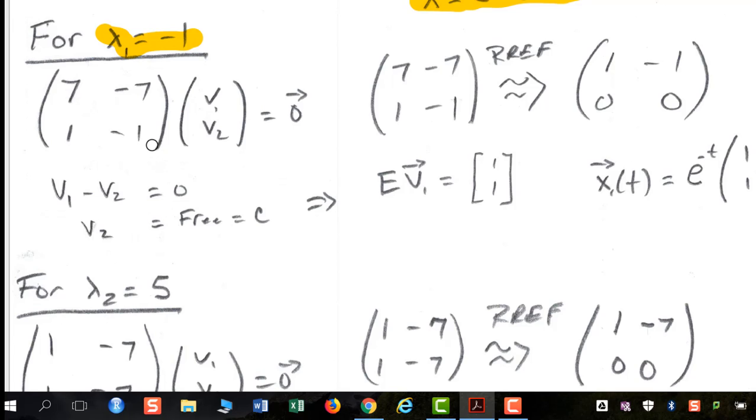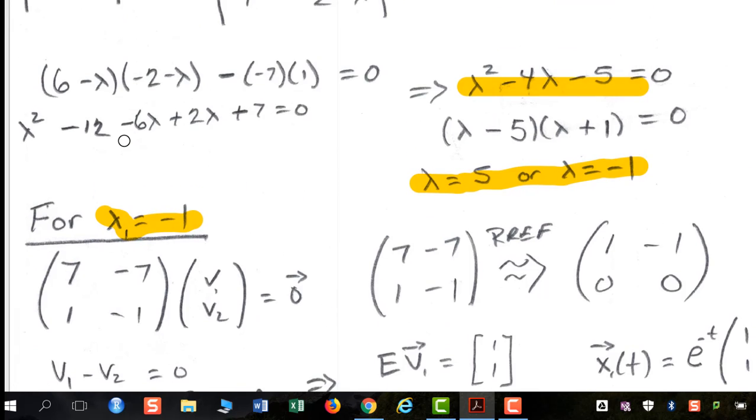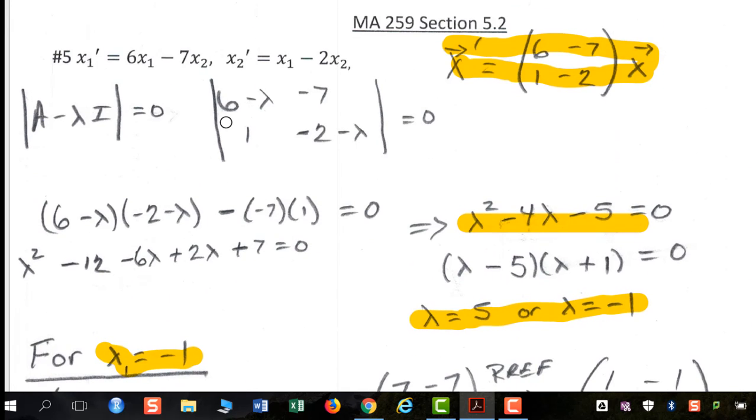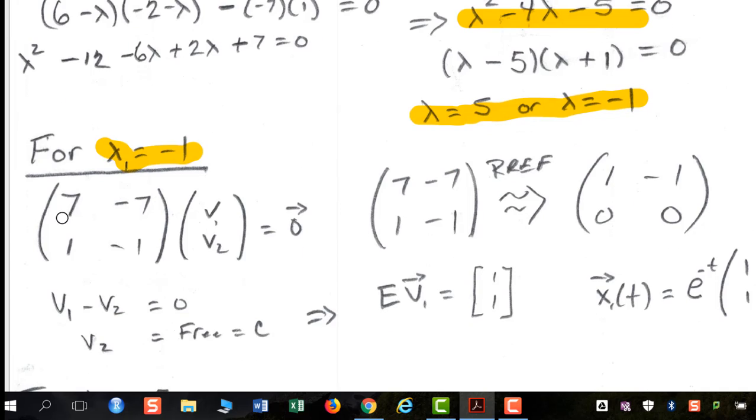And where does this come from? Well, I do A minus lambda I, and so I get 6 minus negative 1, negative 7, 1, negative 2 minus negative 1. So I have 7, negative 7, 1, and negative 1.